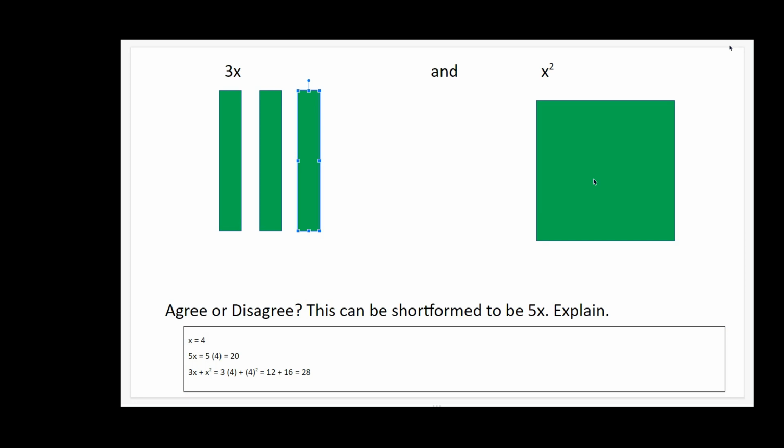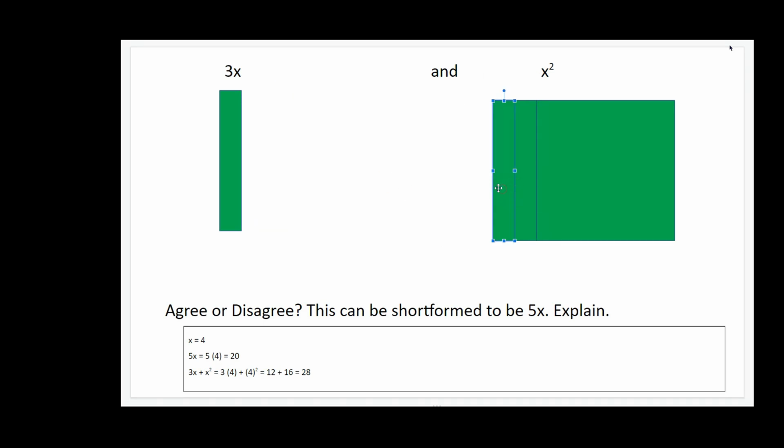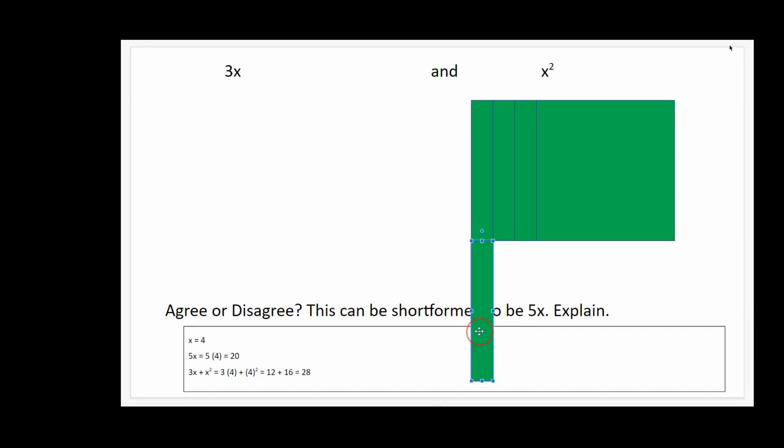Here's another way to look at that. We are saying that 5x would be the same as 3x plus x squared. So let's take my 3x's and we're going to put them here, right beside each other. Now I said that all of that would be the same as 5x, which means that if I put 5x's below that, I'm just going to duplicate these.